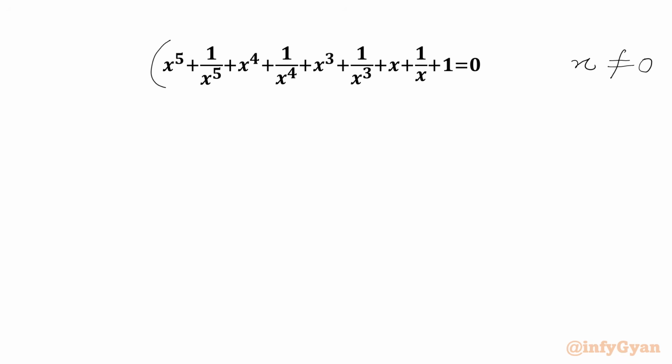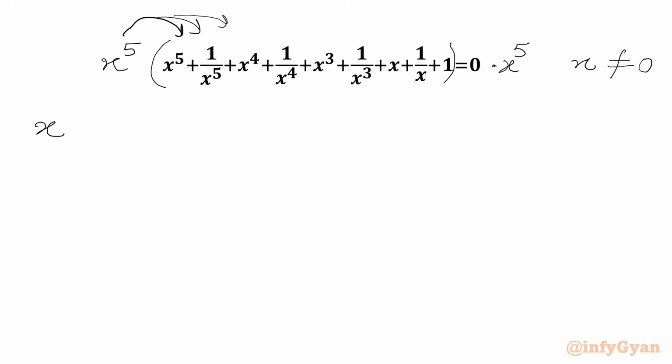Now we are going to multiply both sides by x power 5 so that our equation would be denominator free. Now we have to apply distributive law or distributive property. We will multiply each term of the bracket by x power 5.